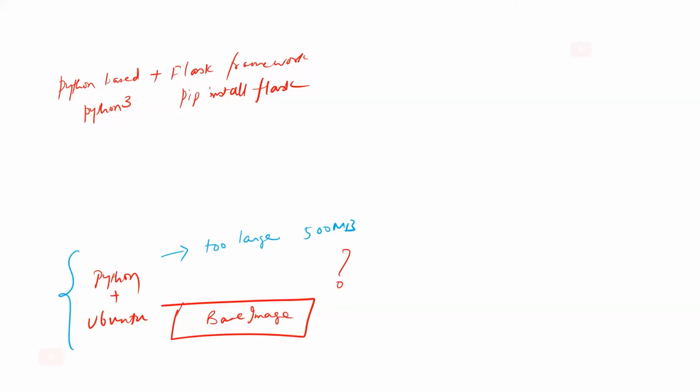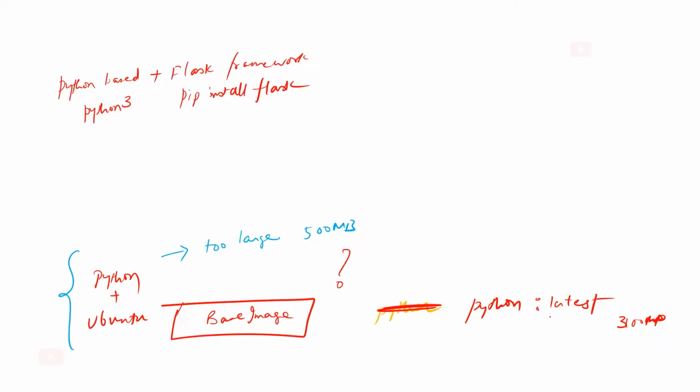So what if I look for a base image which is directly built with Python? If you search for Python, you'll have Python latest and all that stuff. Compared with the previous approach, using Python latest directly will give you a much smaller size, let's say 100 MB or 300 MB, because we have directly taken Python as the base image.